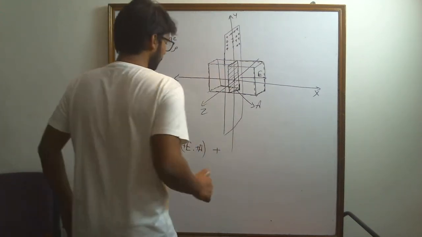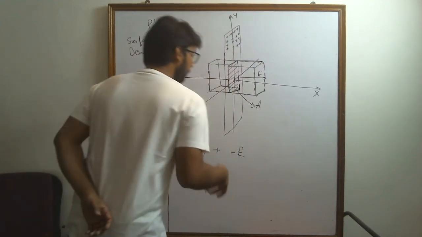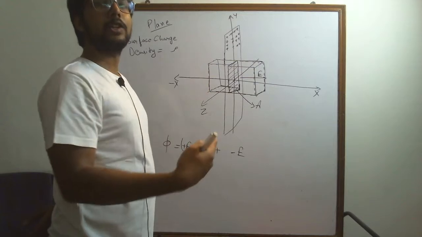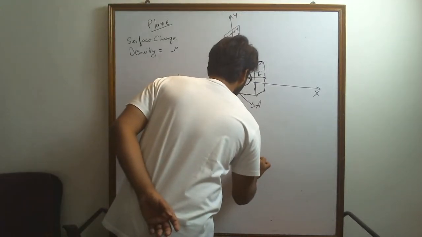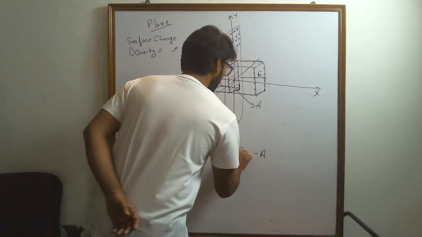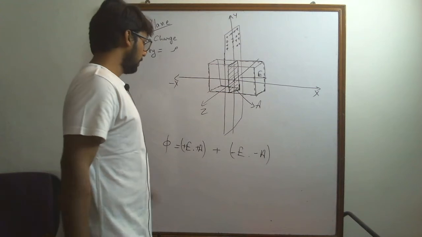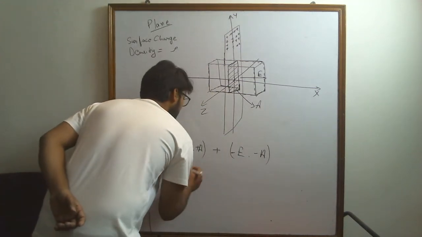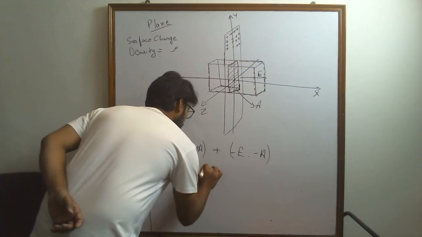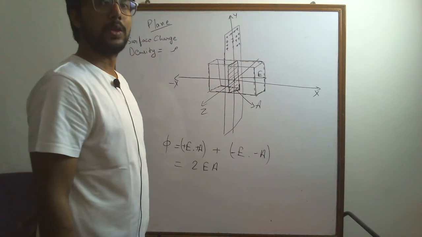I will add the flux from the back end. The electric field is negative. Why is it negative? Because the direction of the electric field is opposite to the first one that we have taken, and the area vector is also negative because it is opposite to the first one. So when we simplify this, it becomes 2EA as our total flux.